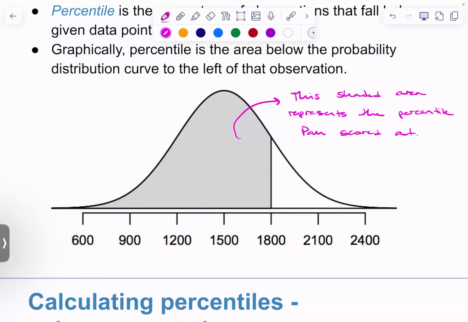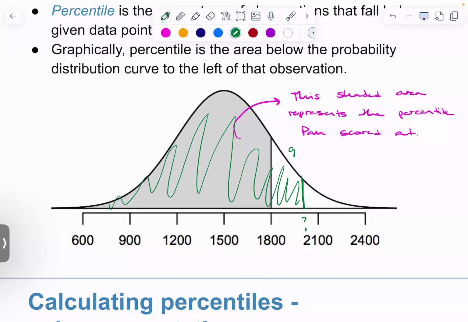Which is also important, right? A lot of exams, you have to score in the 90th percentile, for example. Let's say at some score down here, we can force this area, and I'm going beyond, to be 90%. And so we can work it both ways. We can take a score and find what percentile it's scored at, or I can force the percentile to be 90%, 90% below it, 10% above it.